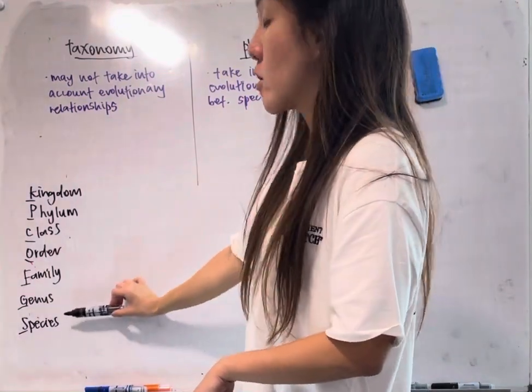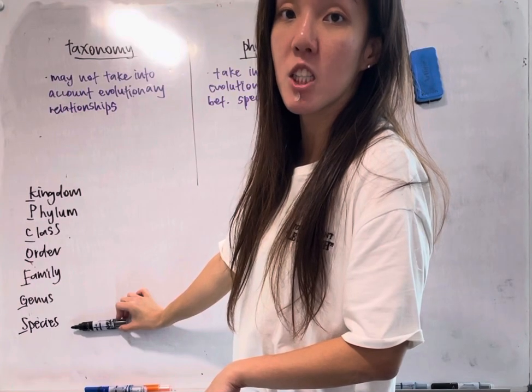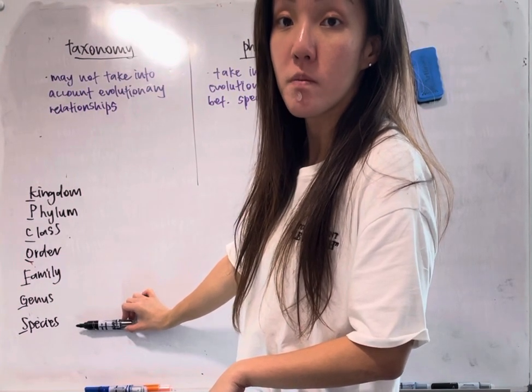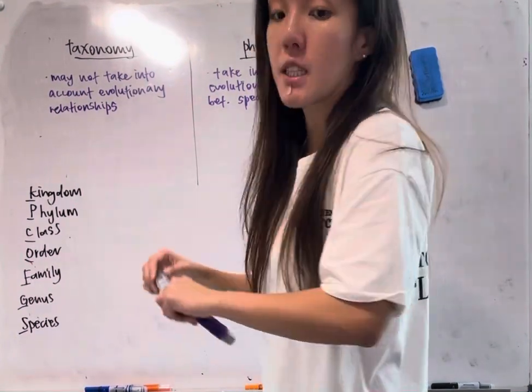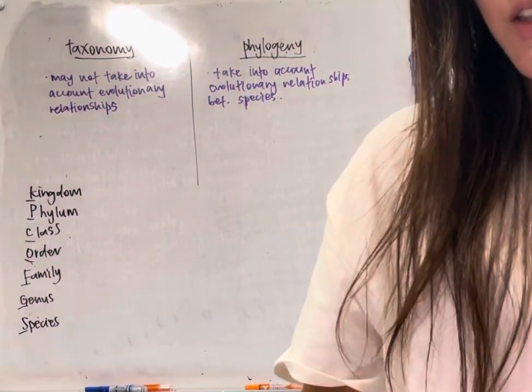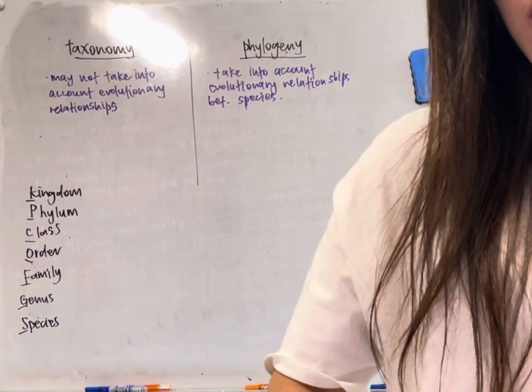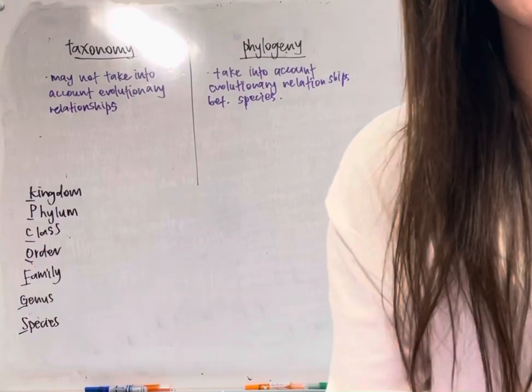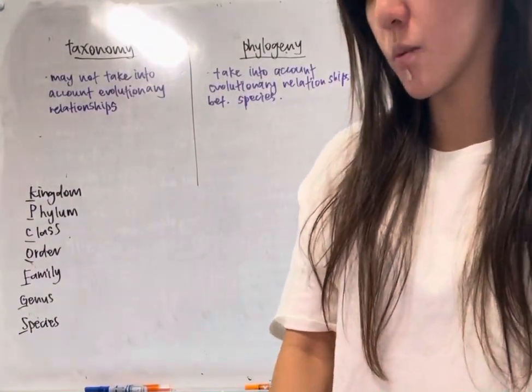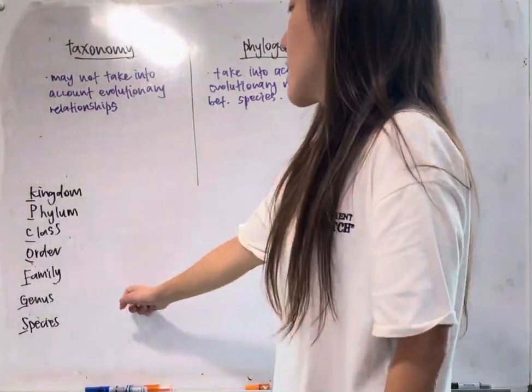Please take note, the group of organisms that has the largest similarity is the species group. We are also expected in the syllabus to know what the classification is for humans: kingdom, order, as well as genus and species.